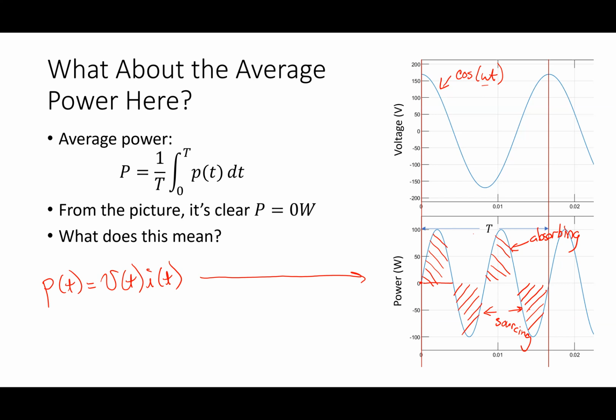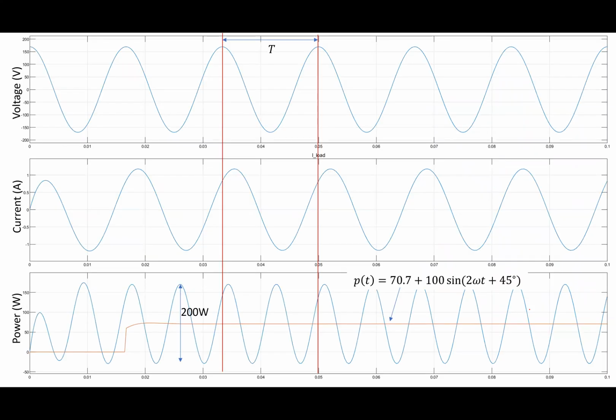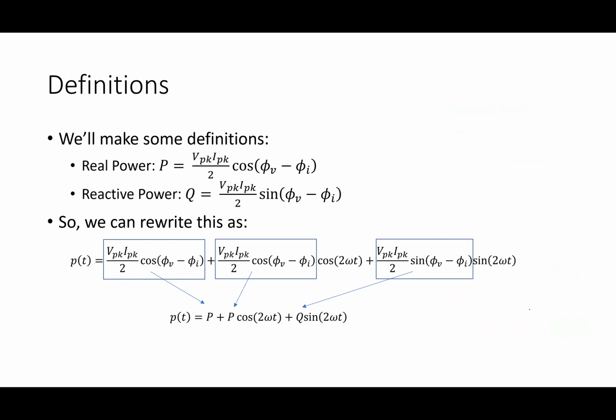And what we found, we went through this last time. I ended up with a definition, a couple sets of definitions at the end of the last class. All right. Basically, if I take that P of t expression and I write it out and expand it with trig identities and everything, I basically end up with what I have right here, where I have this term I called real power.